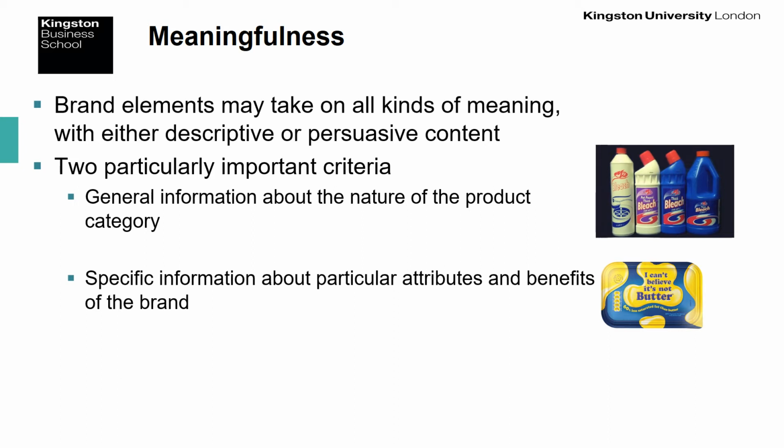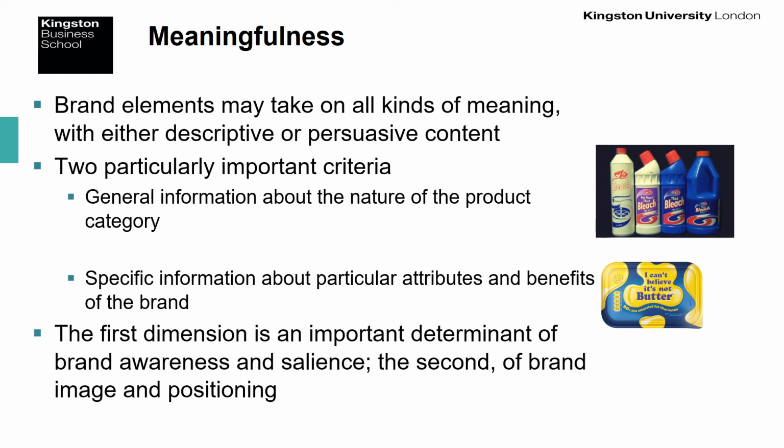It's not, it's actually margarine, but it's so tasty, it's so rich, it's so golden, it might as well be butter. And when people taste it, they simply can't believe it's not actually butter. So the benefit is you're getting a buttery taste, but with a lot less saturated fat. And that comes across quite strongly in the brand elements that are used.